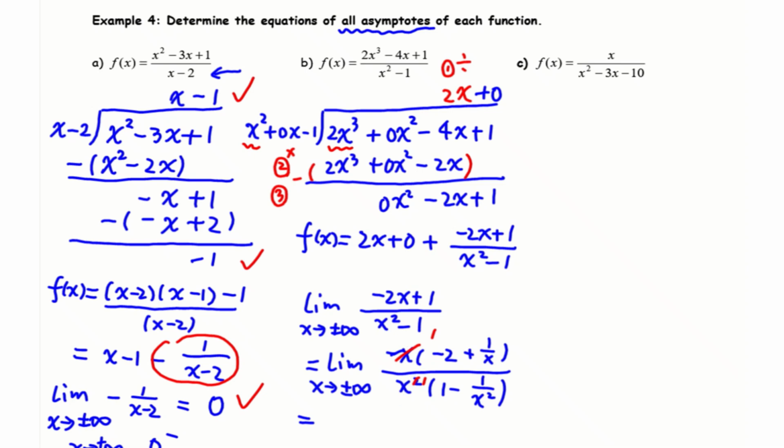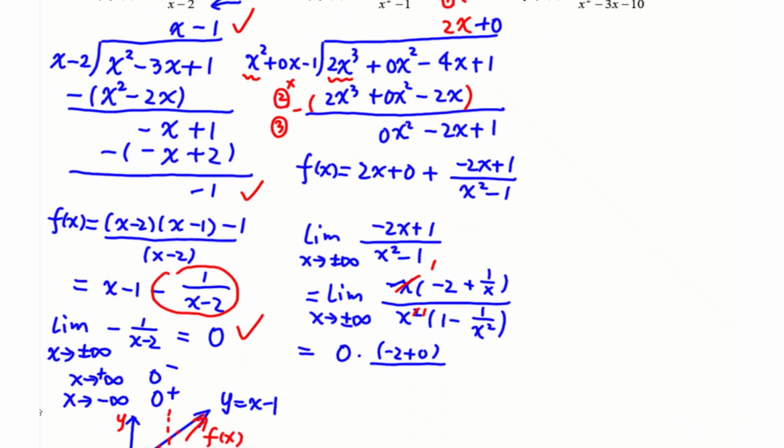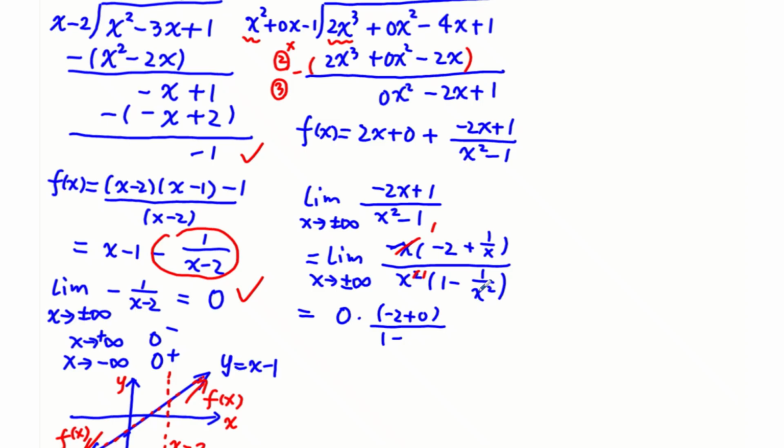So you will have 1 over x left. Limit of 1 over x is 0, times negative 2 plus 0, divided by 1 minus limit of 1 over x squared, which is 0, so 1 minus 0. So the whole thing is 0.